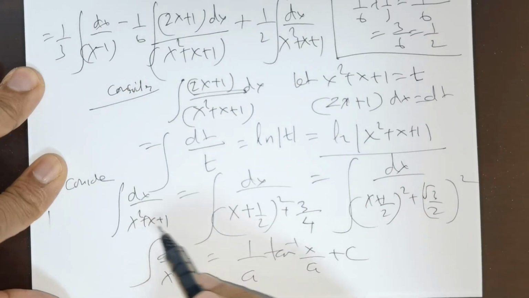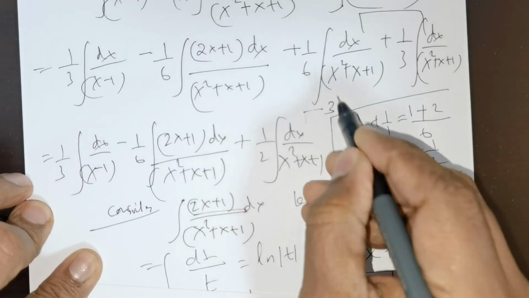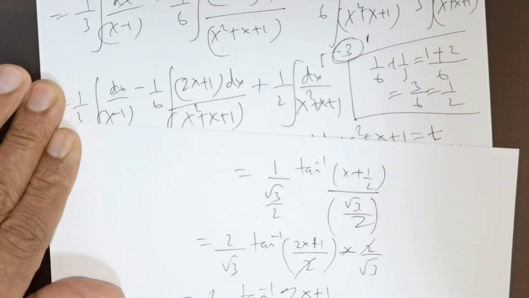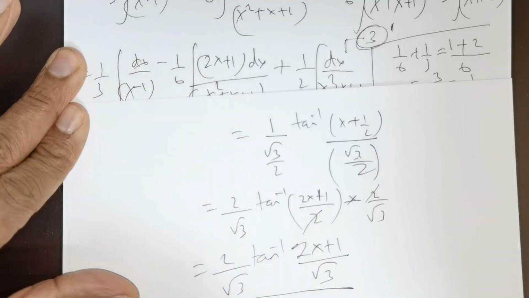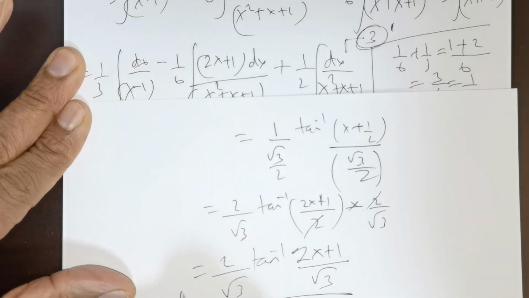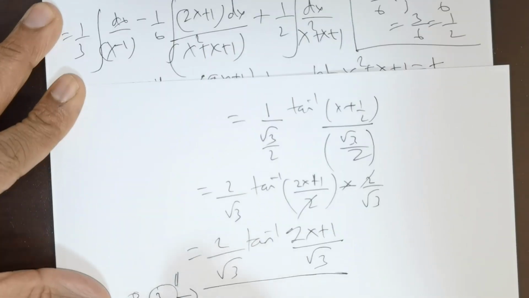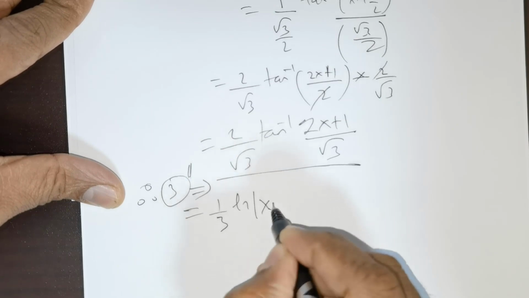We just considered this. So if I were to unify everything, if I were to take this as some 3 dash, I can rewrite this. This is going to be 1 over 3 times ln modulus of x - 1.